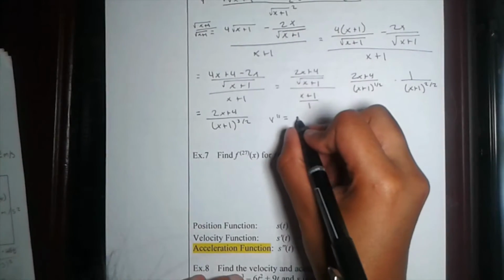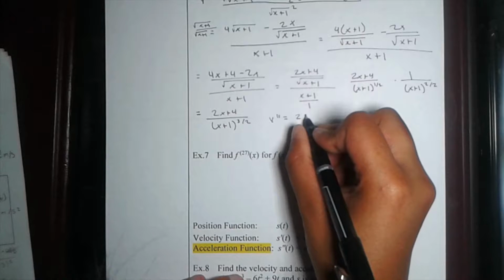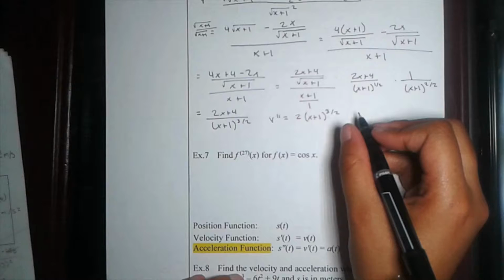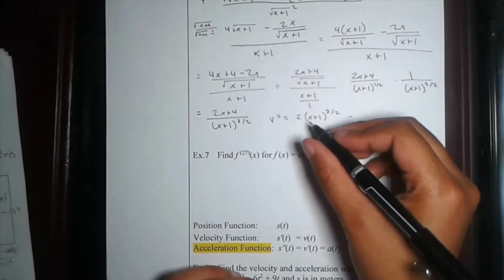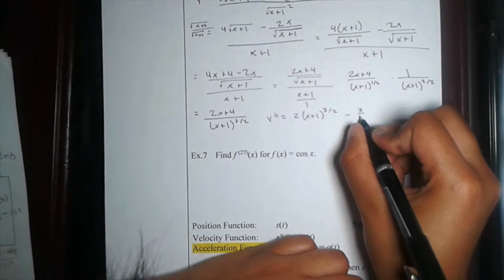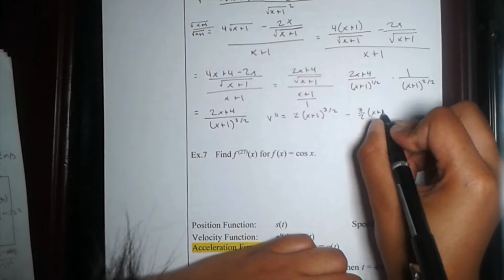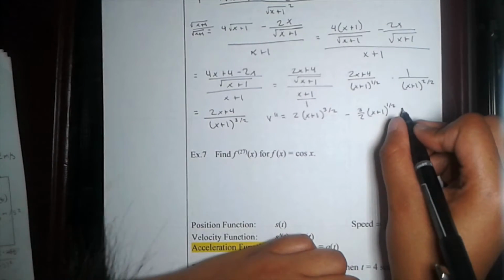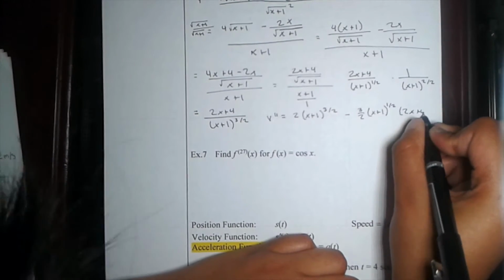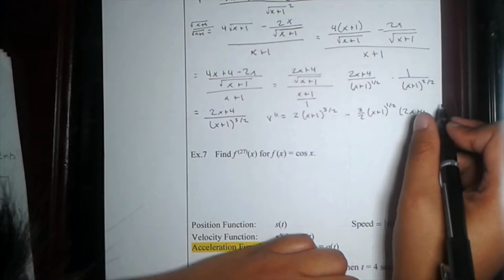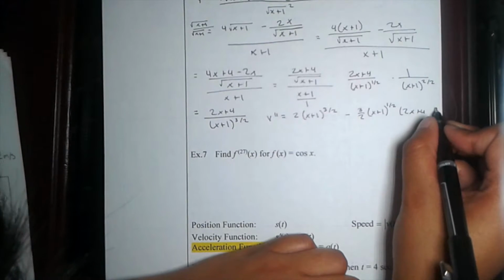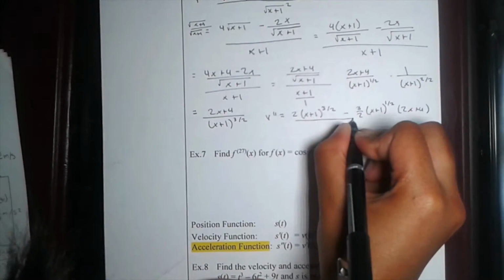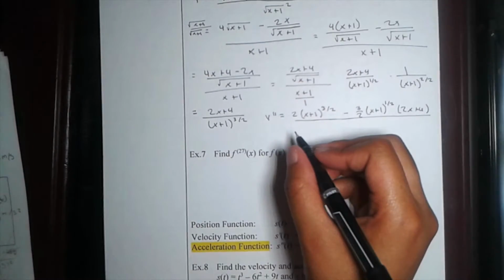So the derivative of the first times the second minus the derivative of the second times the first, over the second squared.